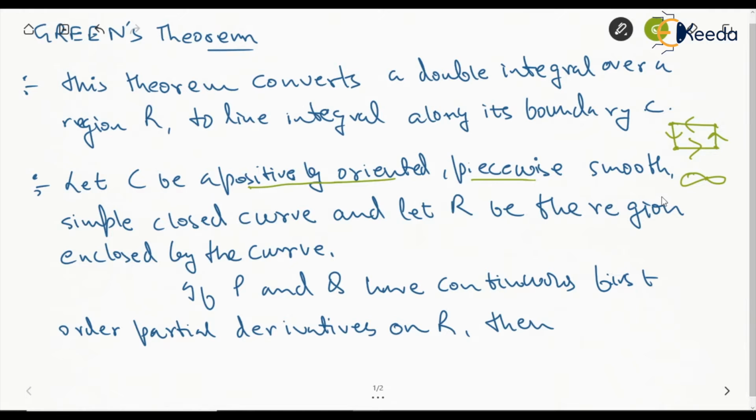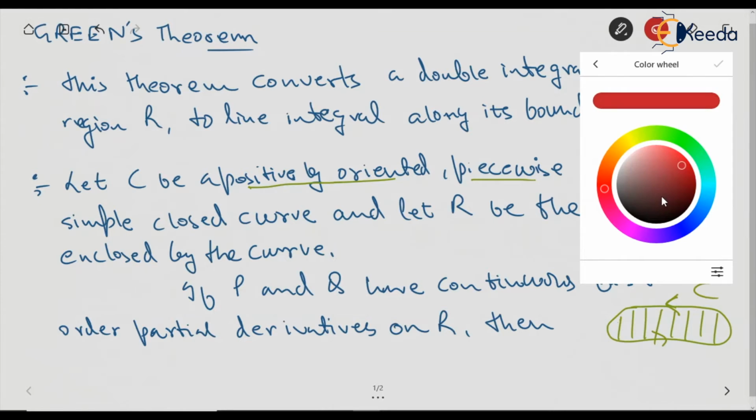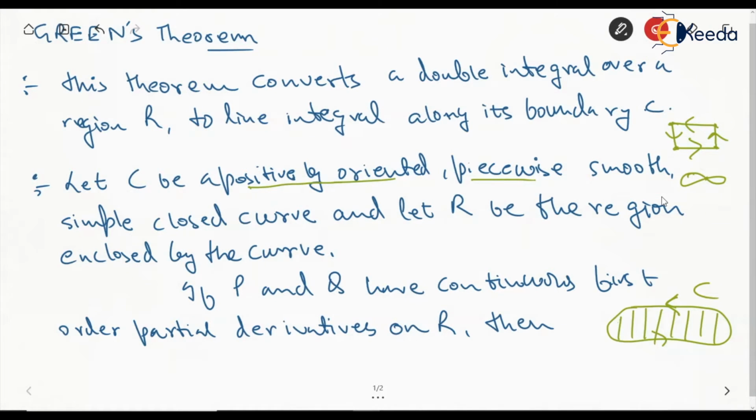So for every curve, if this is the curve C with this sense, then once there is a closed path, obviously it will enclose a certain region, right? That is the region we are talking about. So this is the region enclosed by the curve.